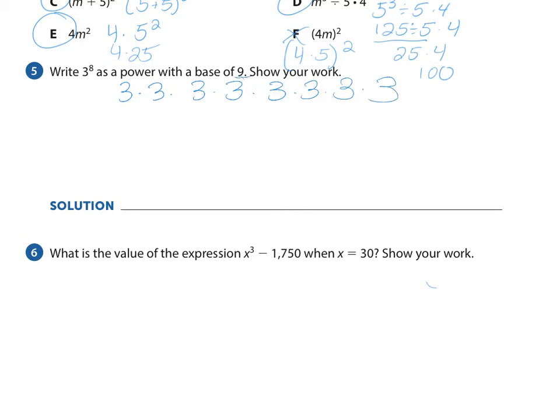So we're trying to get a base of 9 is our goal. So here's a 9, here's a 9, here's a 9, here's a 9. So 9, 9, 9, and 9. Still multiplying. How many 9s do I have? I have 4. So 9 to the 4th is the same thing as 3 to the 8th.